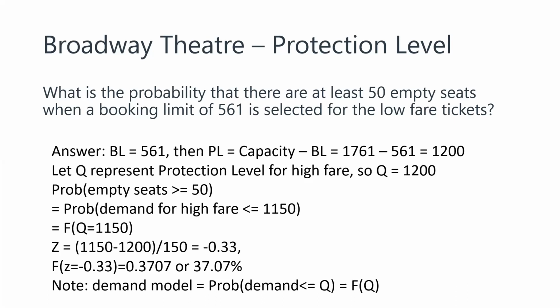You standardize 1150 with Q minus mean divided by sigma, and I got negative 0.33. Then go to the standard normal distribution table with Z value negative 0.33, and I got 0.3707, or 37.07%. So the demand model is the probability of demand less than or equal to Q, which we can write as F(Q). Fair enough?